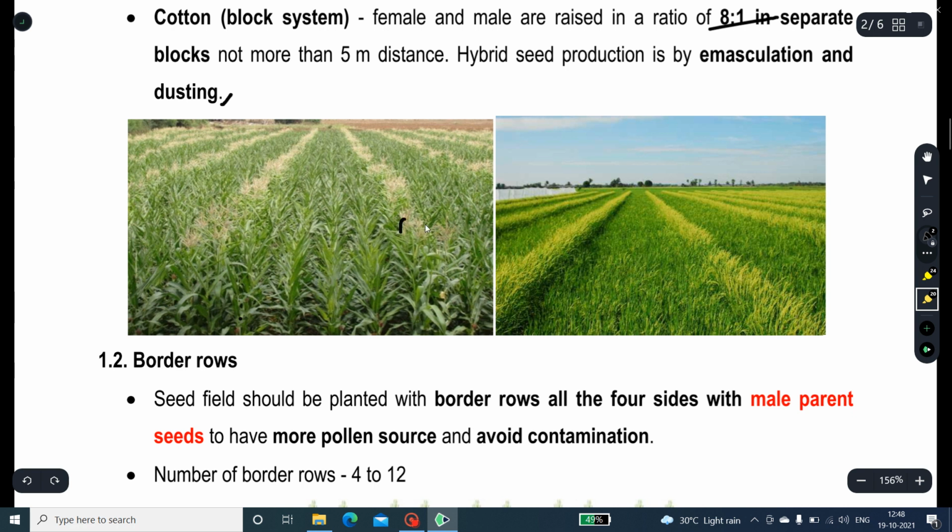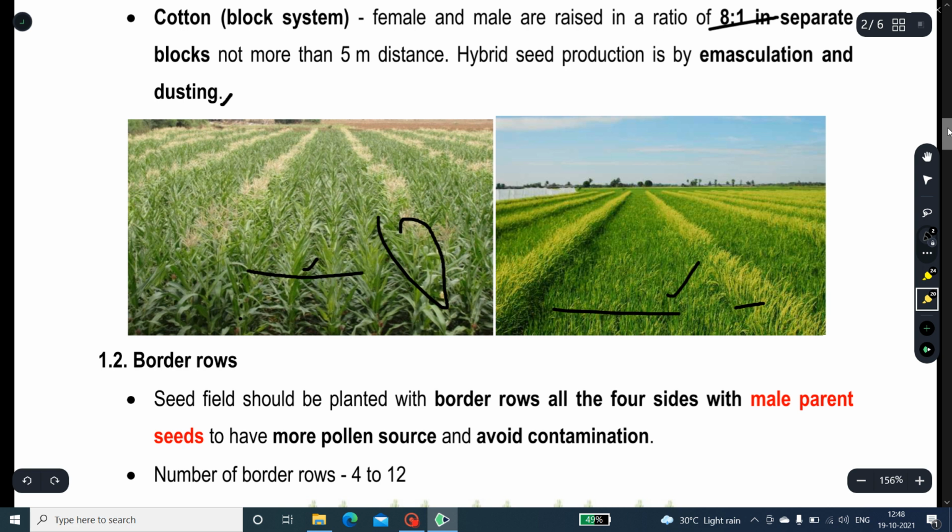These are the male rows and these 4 rows are the female rows. So female rows are higher compared to the male rows. This is in case of maize, and this is in case of rice. Here 8 rows of female rows are planted and 2 rows of male lines are planted.